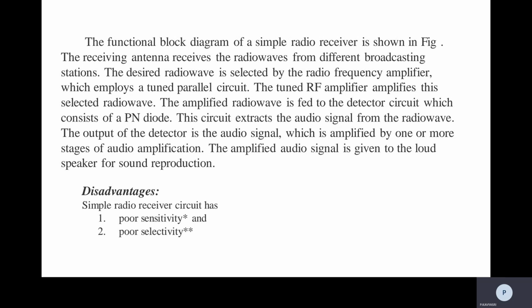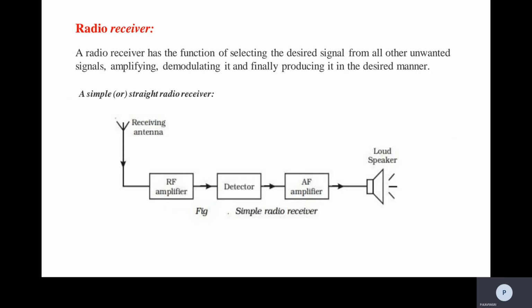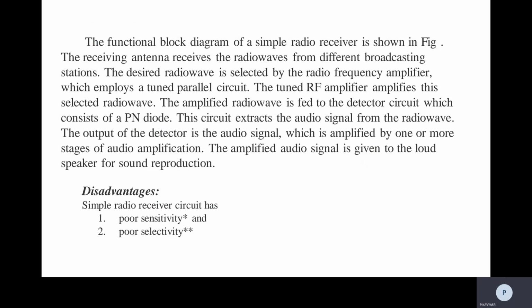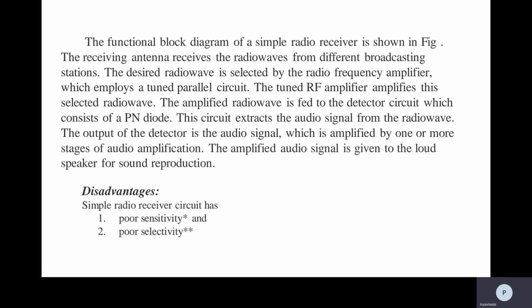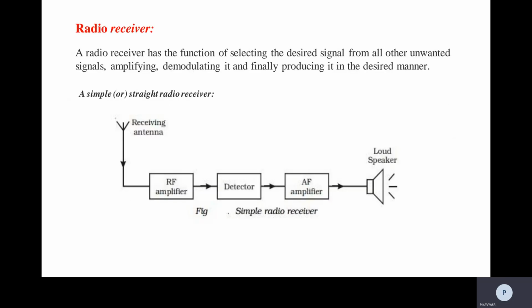The block diagram of a simple radio receiver is shown in the figure. The receiving antenna receives the radio waves from the different broadcasting stations, and the desired radio wave is selected by the radio frequency amplifier, the RF amplifier.